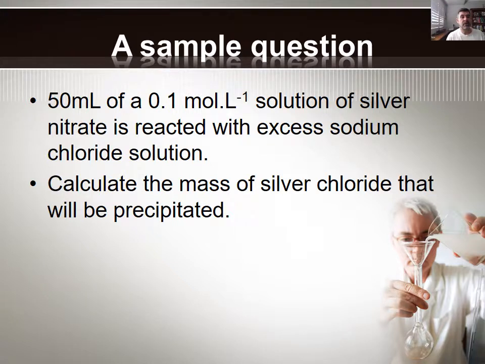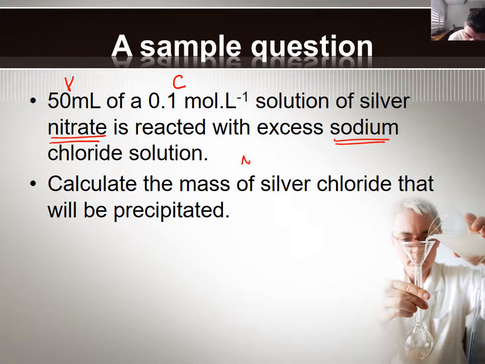If we look at a question where we have a solution of silver nitrate, a 50 mL volume of a 0.1 molar concentration solution of silver nitrate, reacted with excess sodium chloride in solution. Now we should start to get the idea that sodium compounds and all nitrates are soluble.